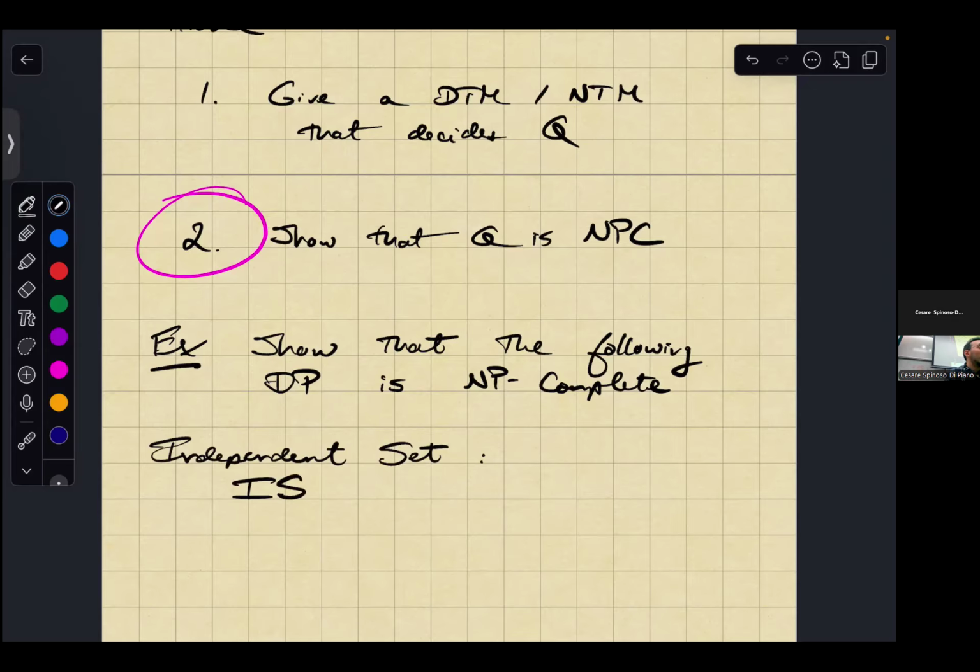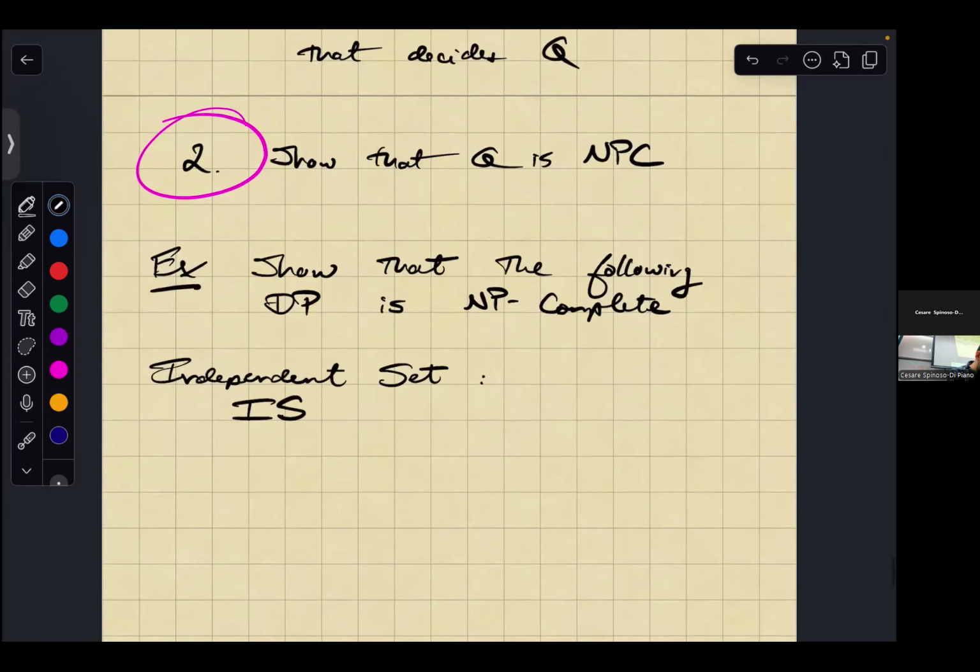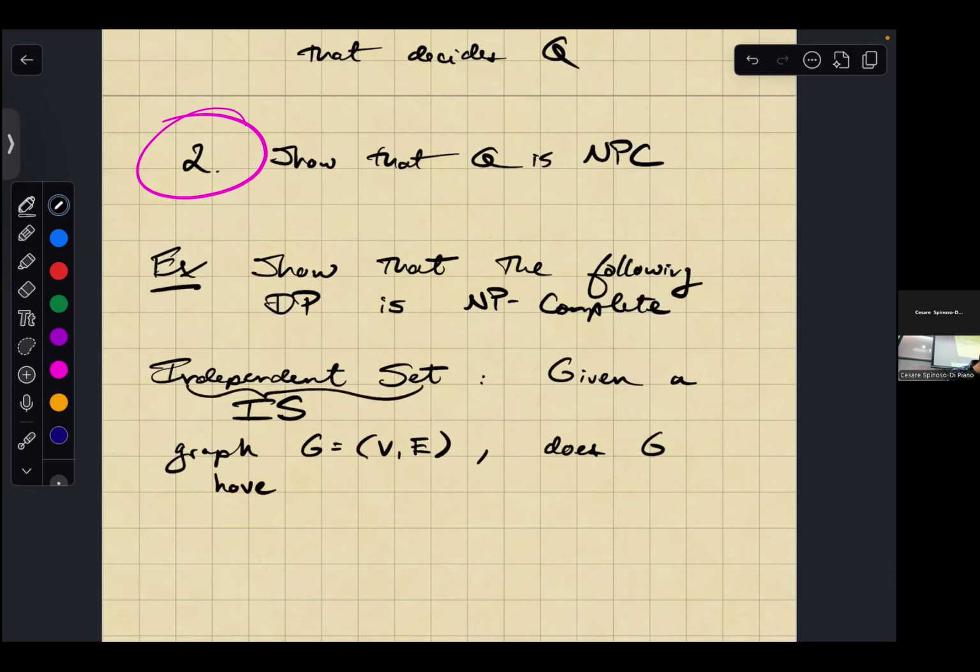In the independent set problem, you're essentially given a graph G, which is a tuple of vertices and edges. What the independent set decision problem asks is, does G have an independent set of size K? So of size exactly K.